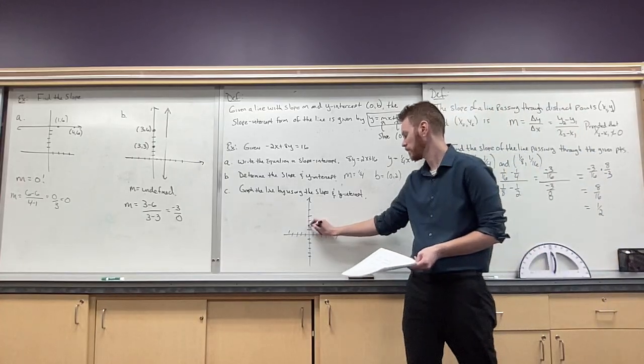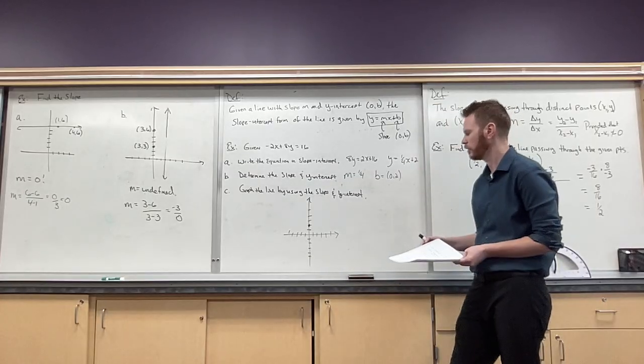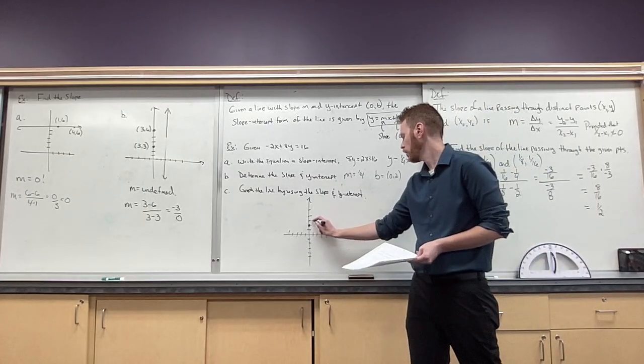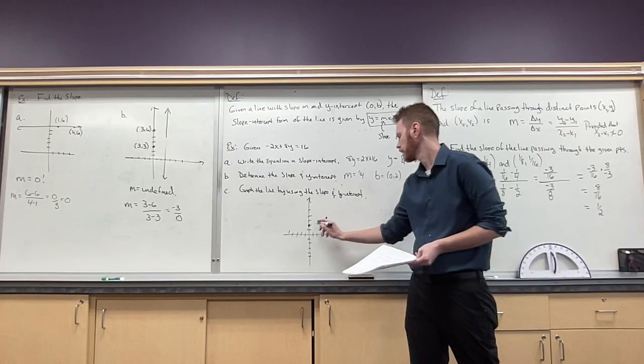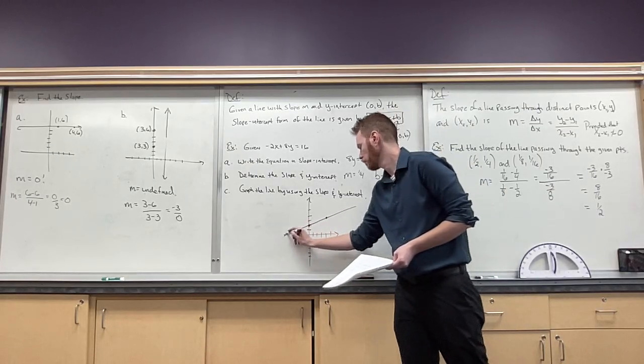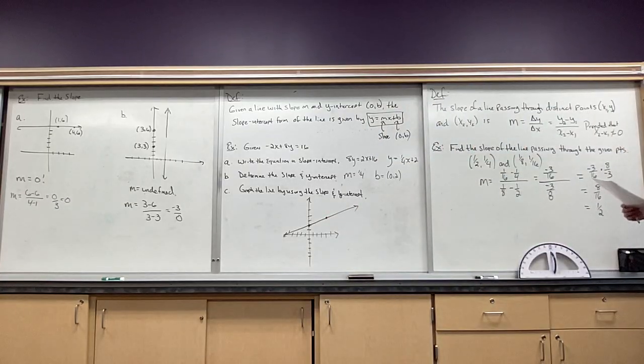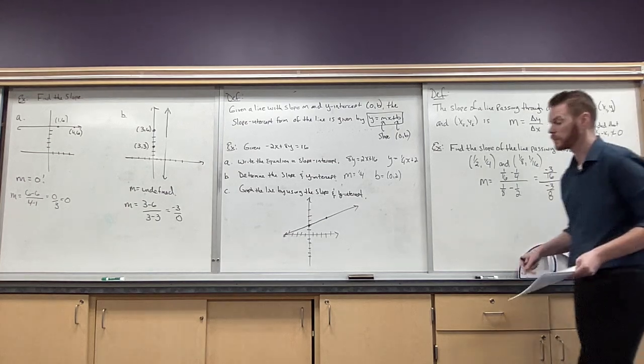So (0, 2), there it is. Use the slope to graph additional points. I'm only gonna graph one more point. I think that's good enough. So up 1 to the right 4, and then, cool. Okay, so there's my line. Again, if you wanna continue further, you can graph additional points for accuracy.